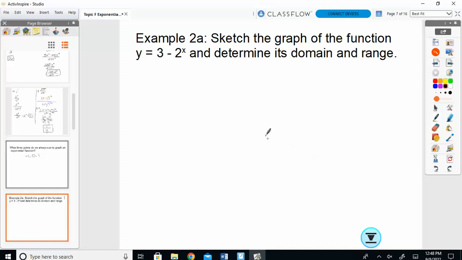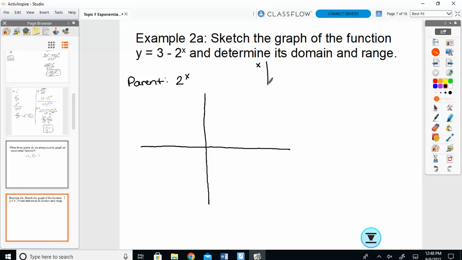So let's graph this function, find its domain and range. I want to do the parent function first and use transformations just for good practice. Is that okay? So my parent function would just be 2 to the x power. And so we always plugged in the -1, 0, and 1.